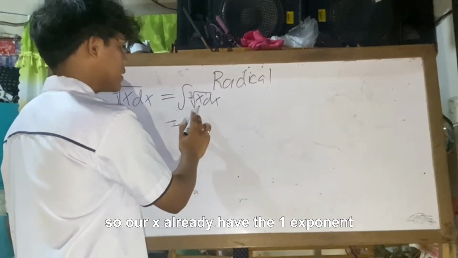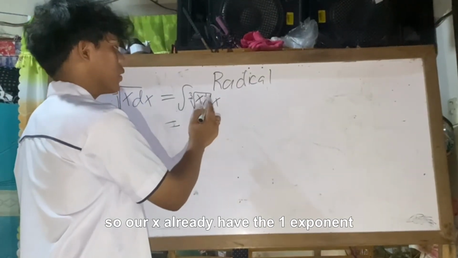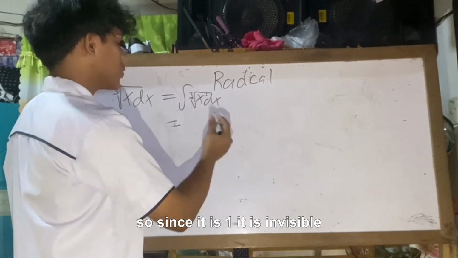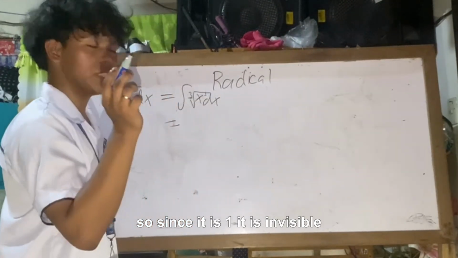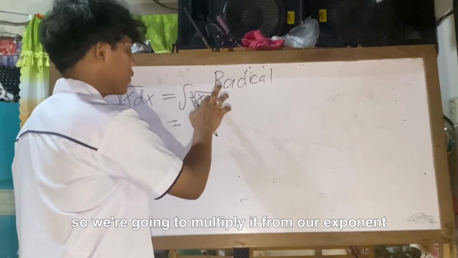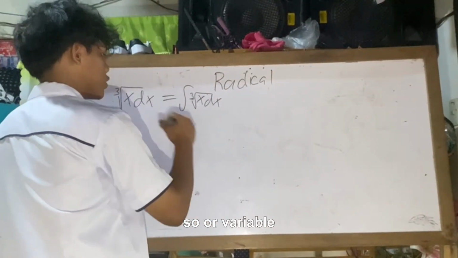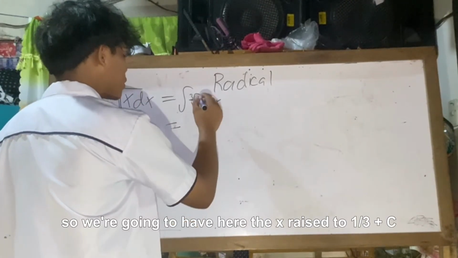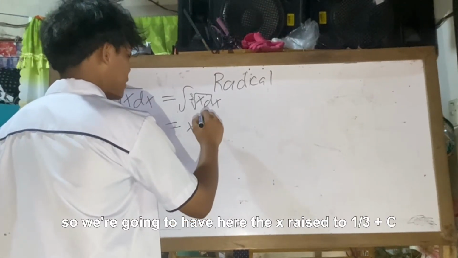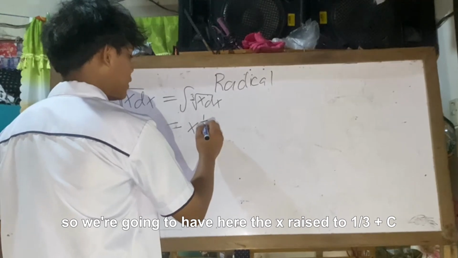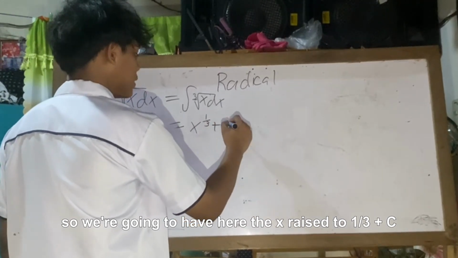Our x already has the exponent 1, and since it is 1, it is invisible. So we're going to have x raised to 1/3 plus c.